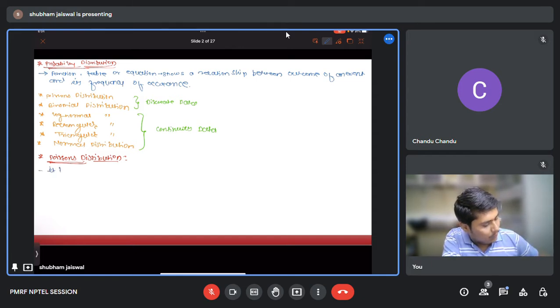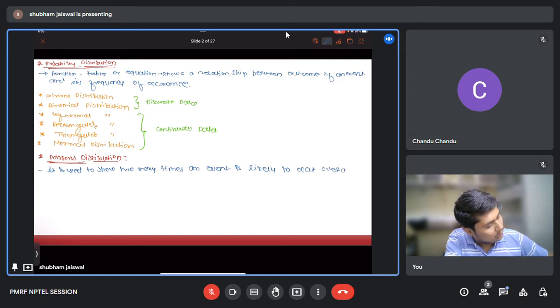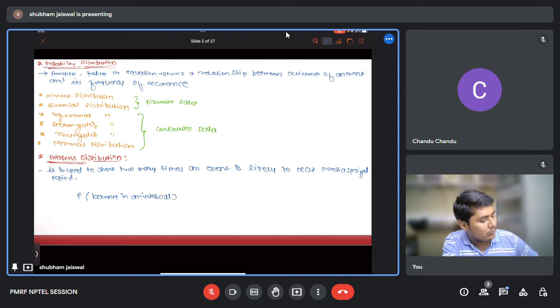The probability density function for Poisson's distribution is given as P of k events in an interval is equal to e to the power minus lambda, lambda to the power k, divided by k factorial.